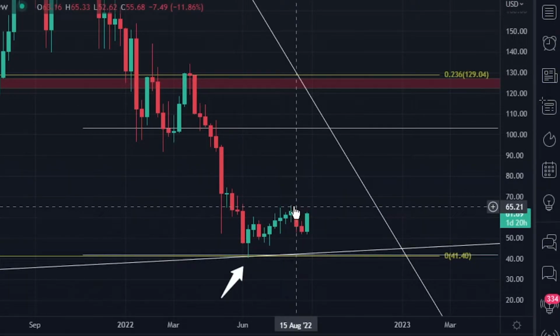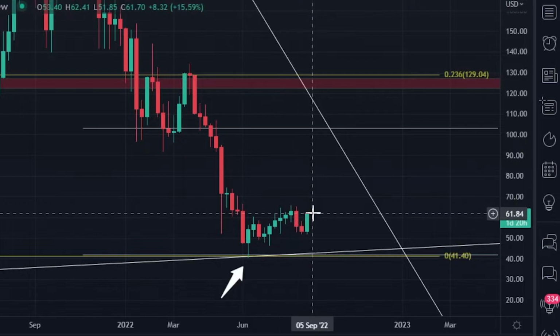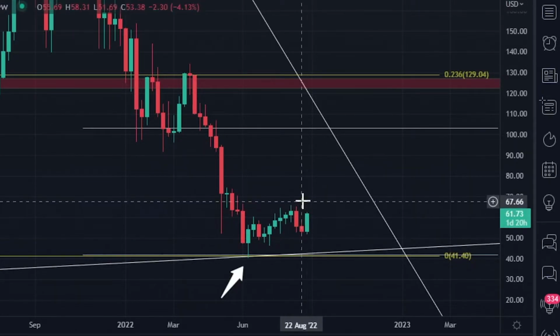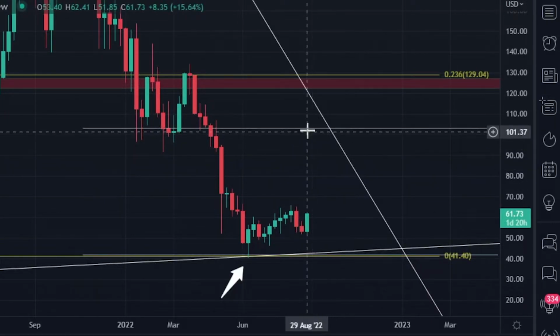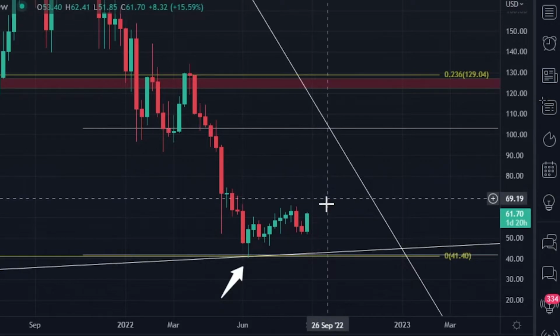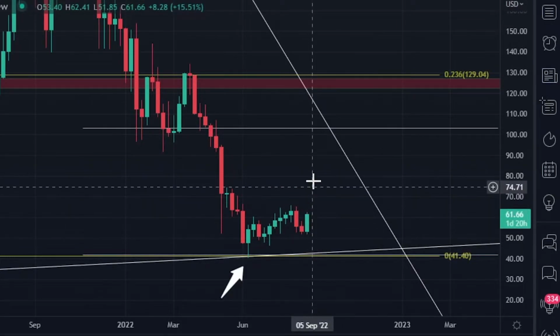Once we're above these levels of $65.25, give or take a few cents, once we break above that, then I would expect the white Fibonacci here to be retested. This current week, we only have just the weekend. We have till Sunday at 5 for this weekly candle to close.